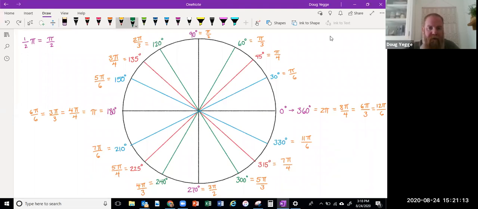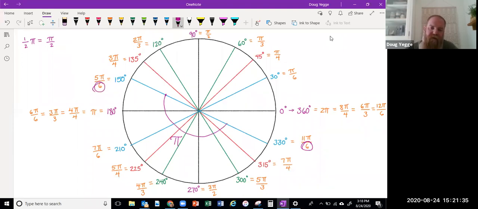Another pattern that you might recognize is that every time you start with any angle, let's say we started with this angle, and take 1/2 of a rotation to the opposite side, not only do I know that that's pi radians apart, but I also see that the denominators are the same.